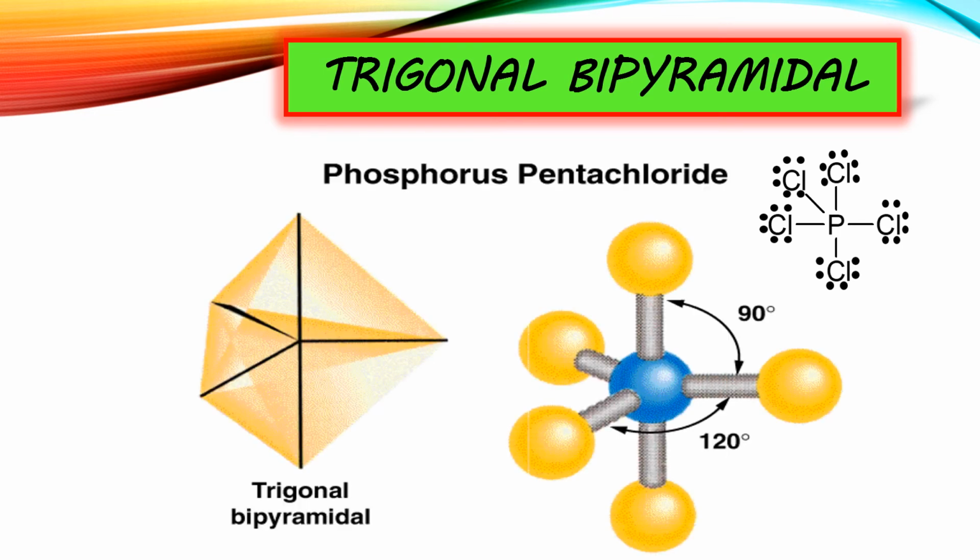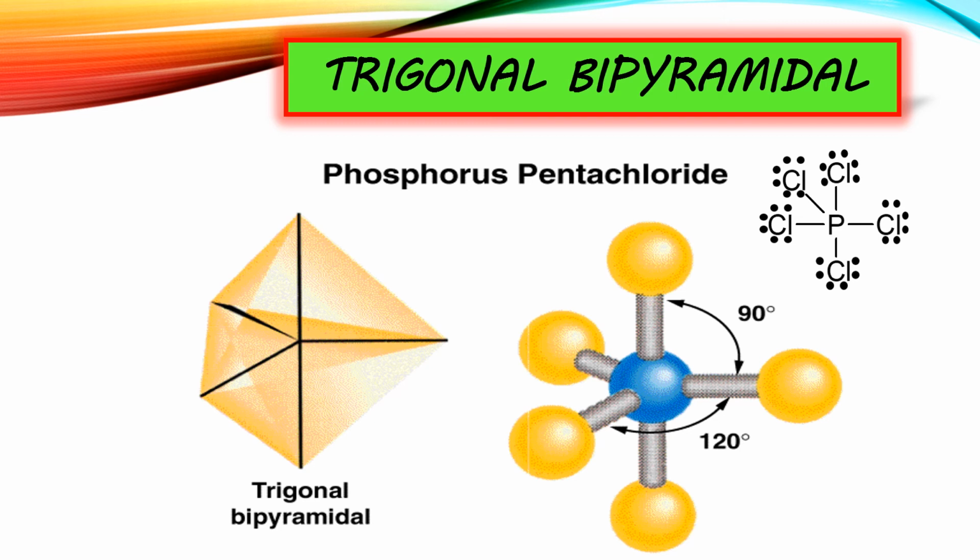The next one is trigonal bipyramidal geometry. Trigonal bipyramidal arises when the central atom has five bonding pairs. For example, phosphorus pentachloride, PCl5, with phosphorus as the central atom and chlorine as the terminal. As you can see from the Lewis structure, there is no lone pair, only bonding pairs. All five bonding pairs are located like in the picture.